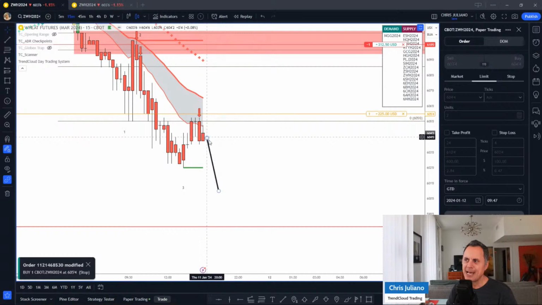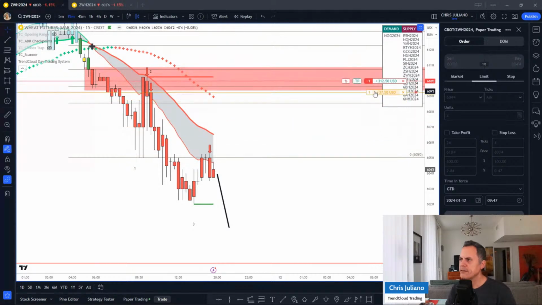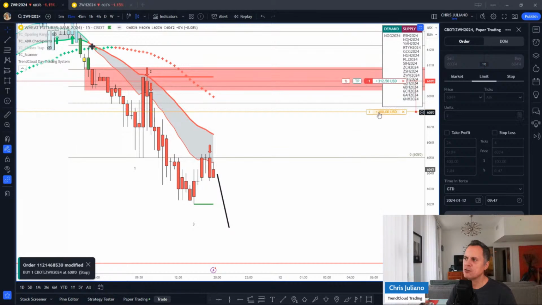But as of right now, we can put it there now, but what we really want to do is keep this at least above the trend cloud. Let's say we're not going to give back more than $100.